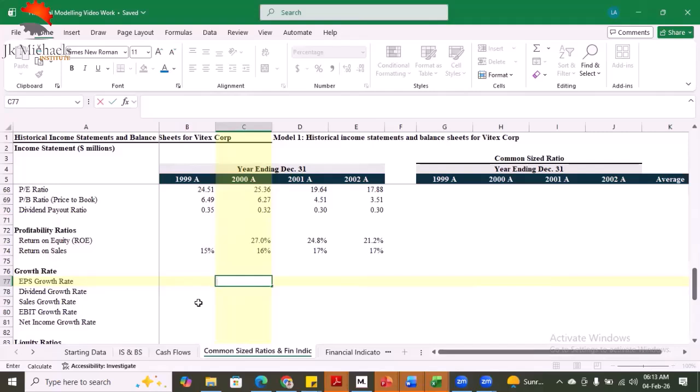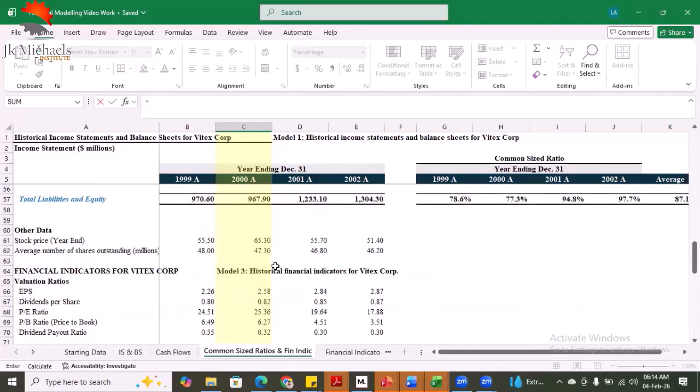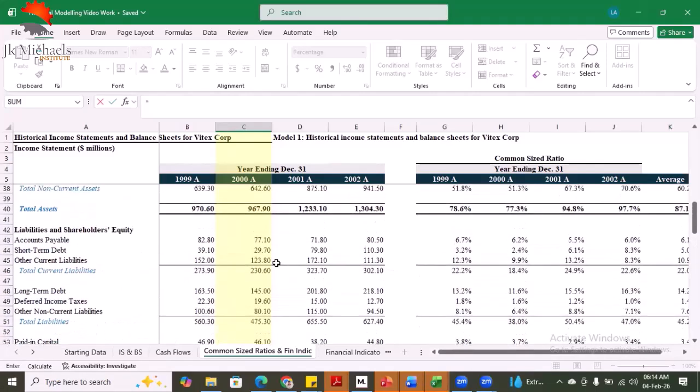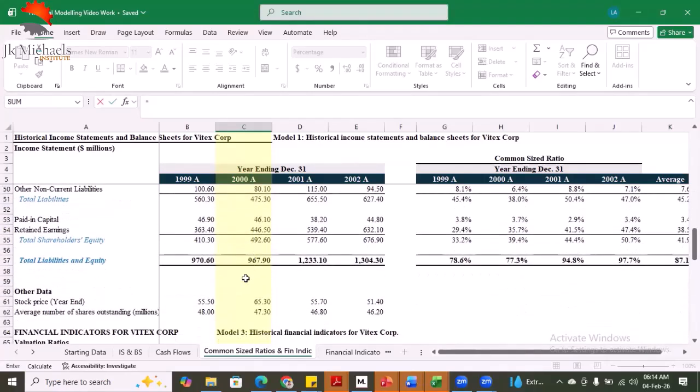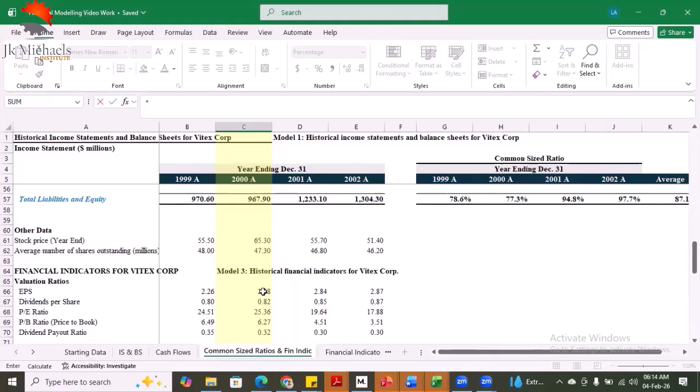Now, earnings per share growth rate is going to be the current period over the previous period. So we're taking our current period, comparing it against the previous period. So let's look at the growth rate in earnings per share: earnings per share, current period, divided by the previous period, minus 1.